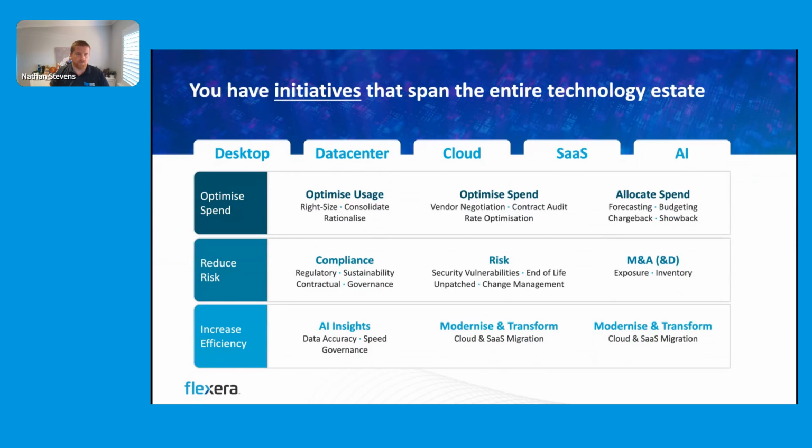Now, the way that we do that, and these are some of the key areas, a lot of organizations are introducing projects or programs of work across each of the 5 verticals up the top. In the horizontal, these are the areas that we need to be focused on. How do we optimize spend?